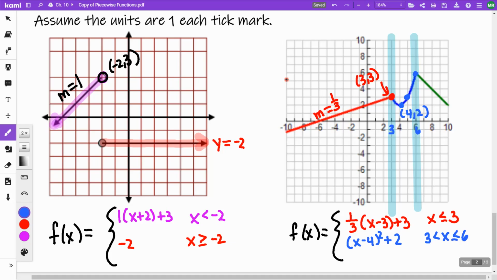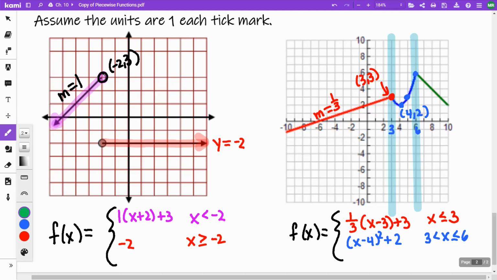Now, the next part is this green part here. So the last one here is this green line, and its starting point is here at, let's see, 6, 6, it looks like.